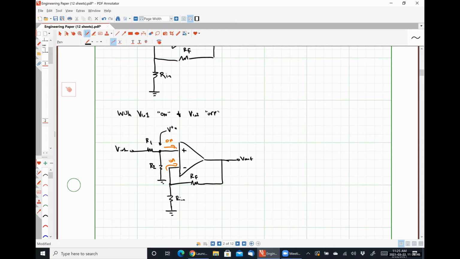Absolutely correct. Yeah. So effectively, each of our input signals is going to see a voltage divider at the input. So in this case, we are going to have a voltage of VN1 multiplied by R2 over R1 plus R2.